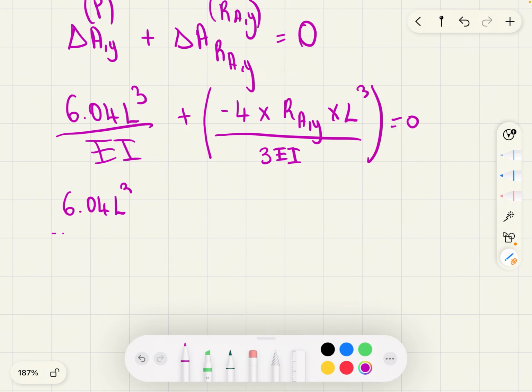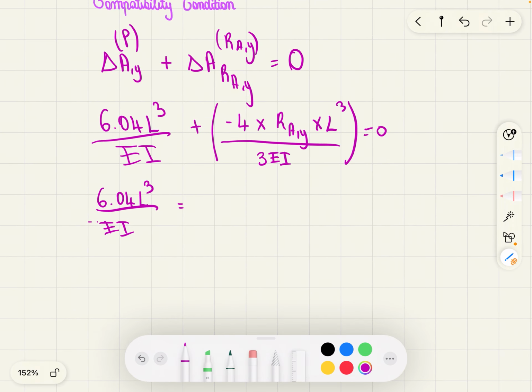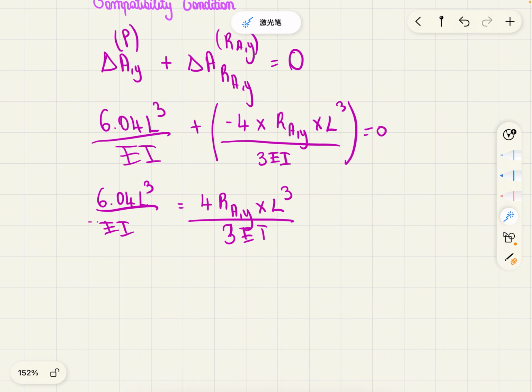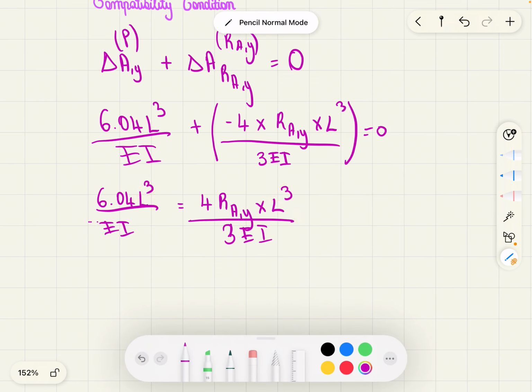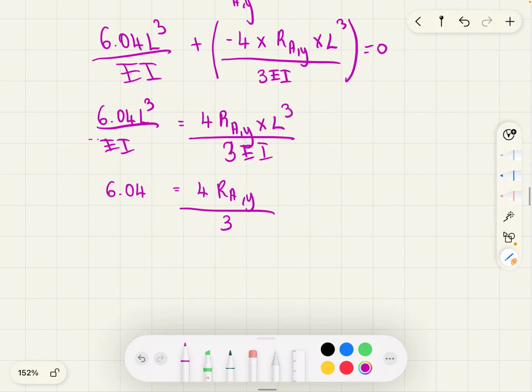Let's take this to the other side. So 6.04 L cubed over EI equals 4 RAY times L cubed over 3EI. Yeah, we can simplify the EI's because it's on both sides, so we can cancel them out. Same with the L cubed. So 6.04 is 4 RAY over 3.